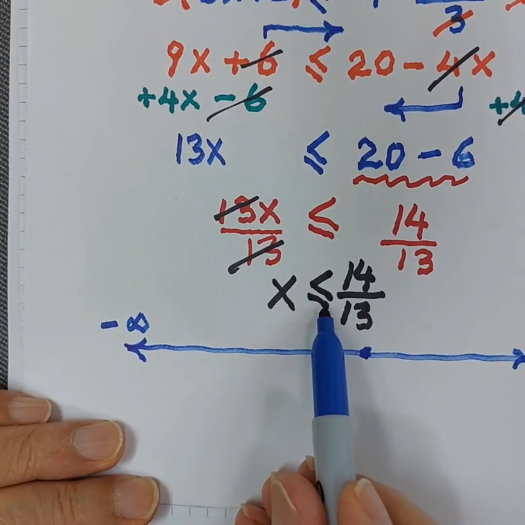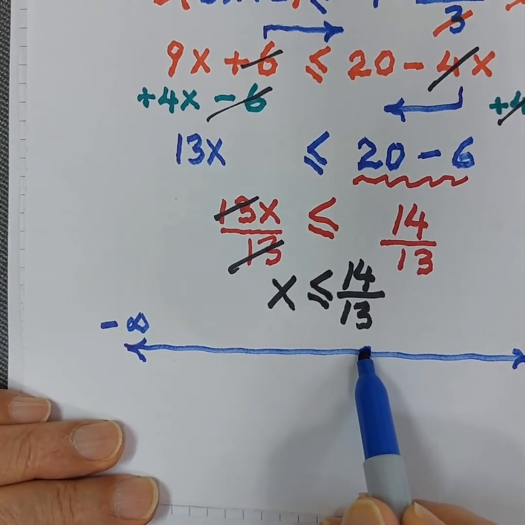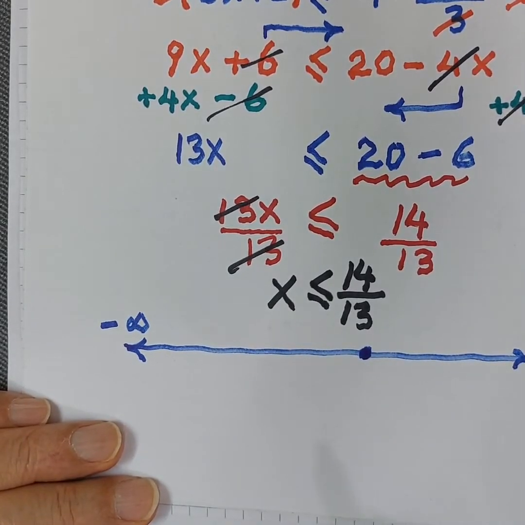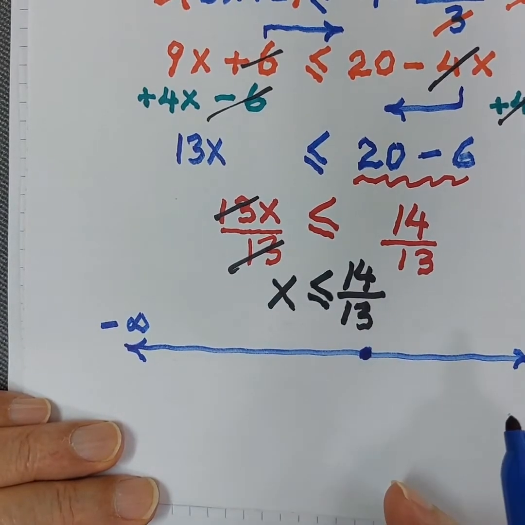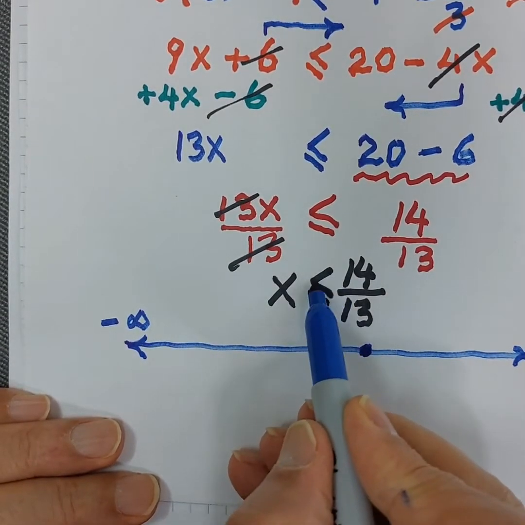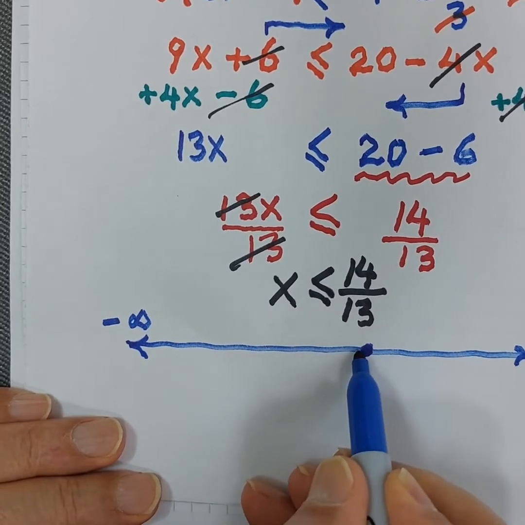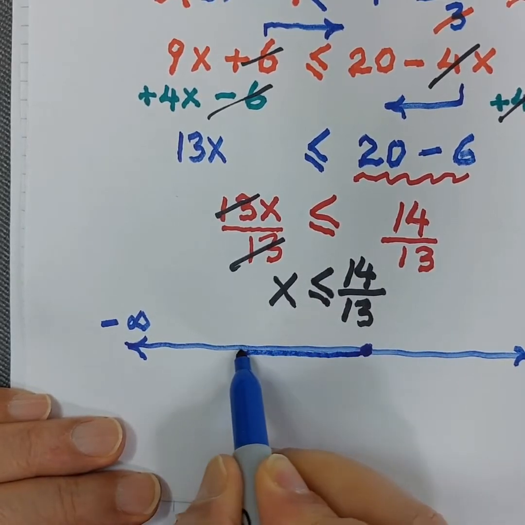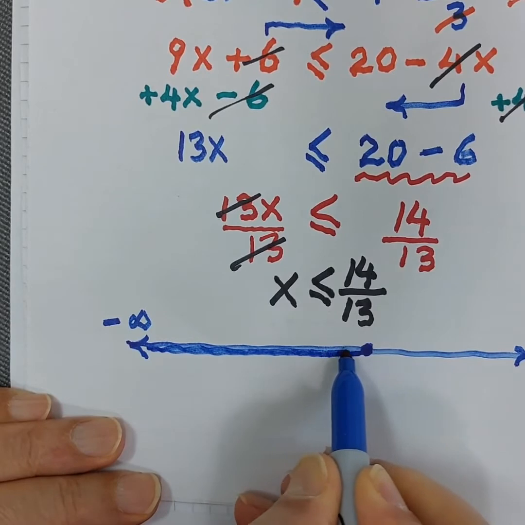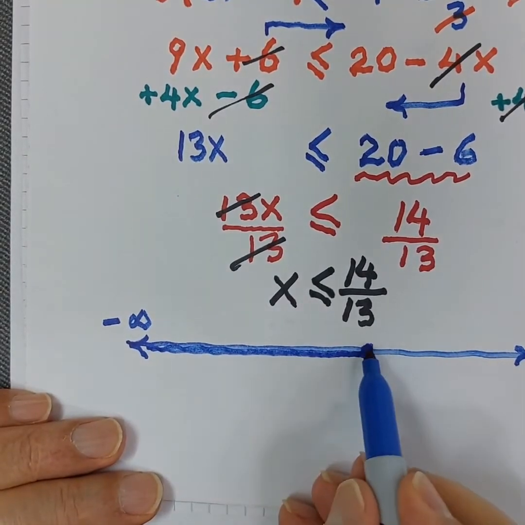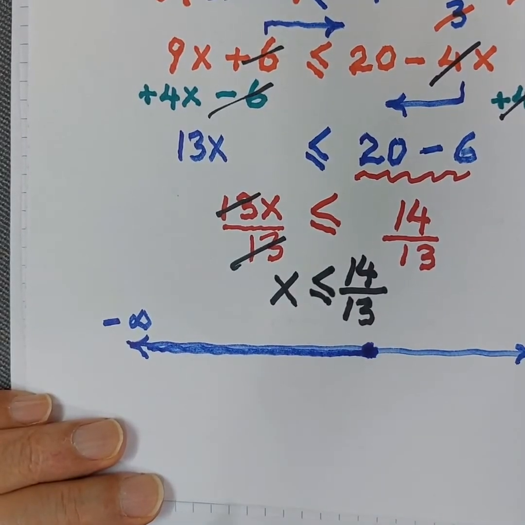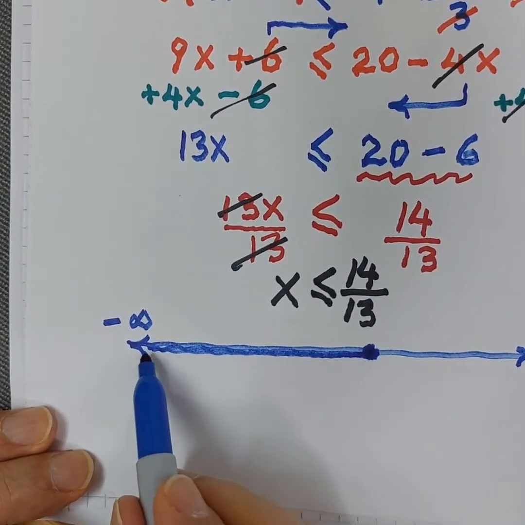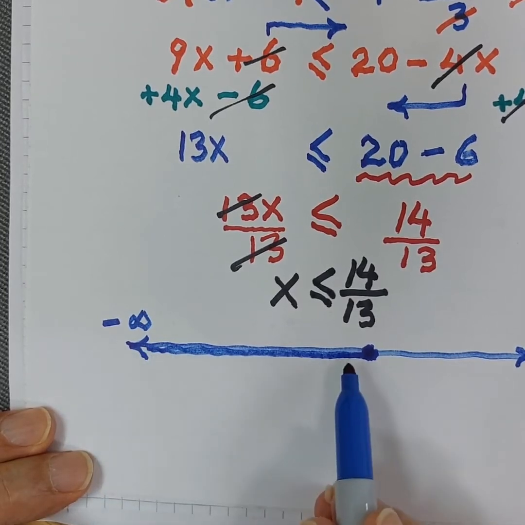When we have or equal, that means the point here we will make a circle like a dot, not empty. And we will take all the numbers less than, that means we will move to the left. And equal, so this circle is closed. This is the interval representing the answer.